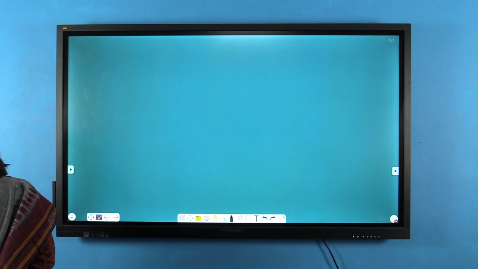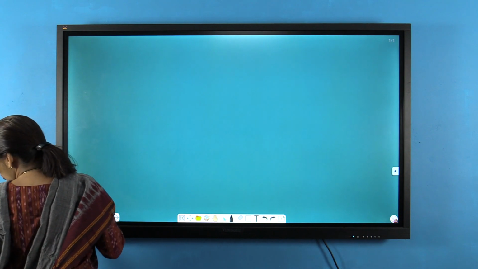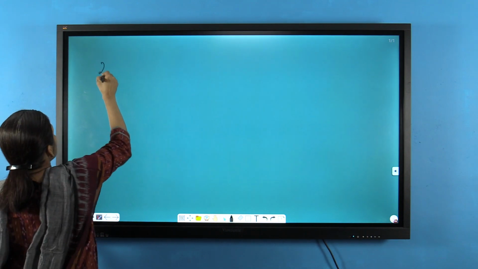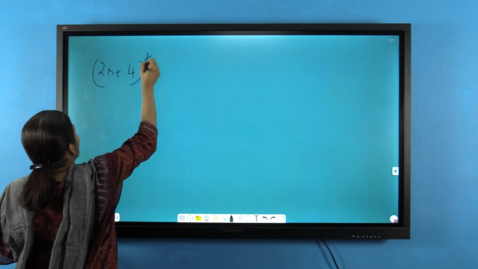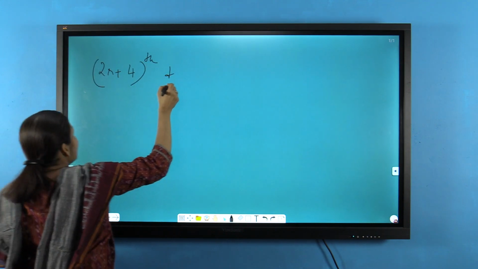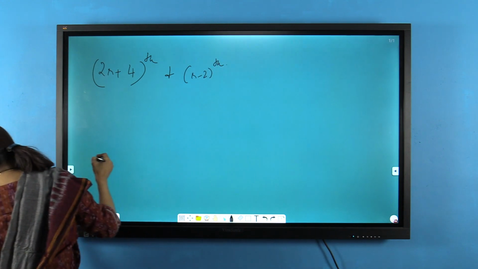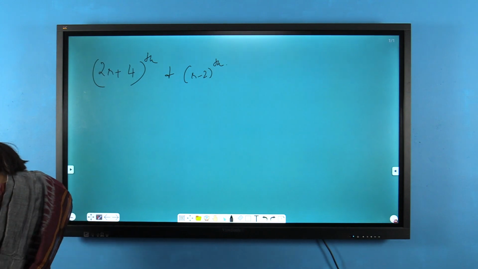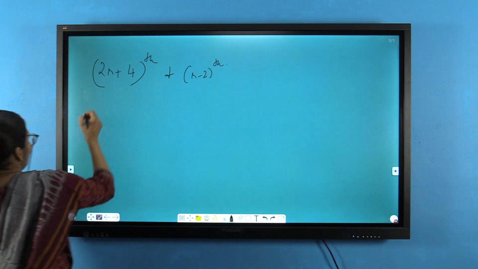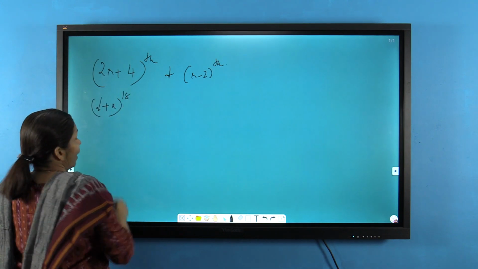Next one, find R if the coefficients of the 2R plus 4th and R minus 2th terms in (1 plus x) the whole raised to 18 are equal.